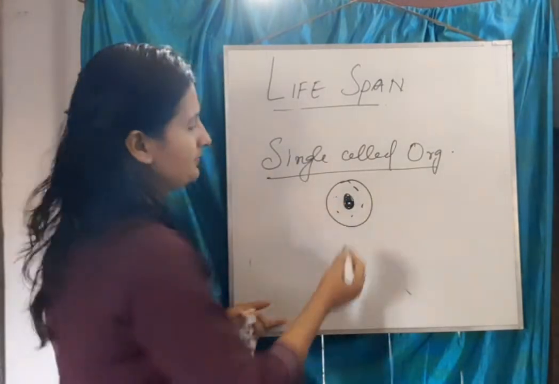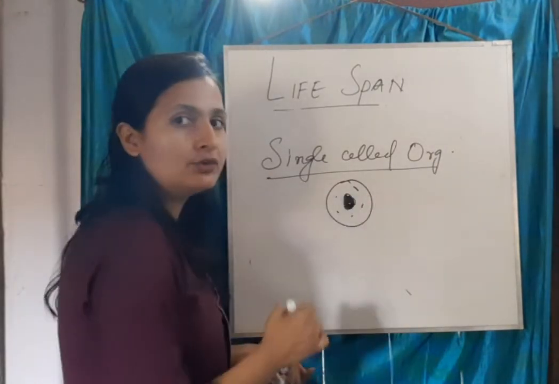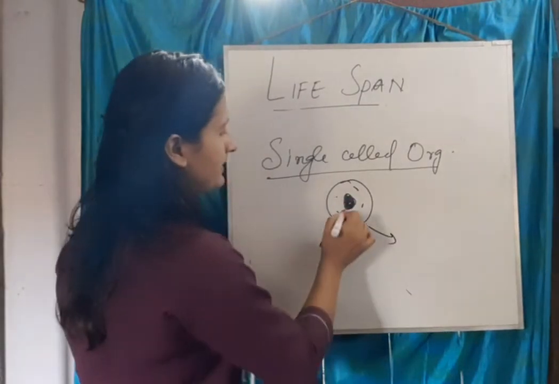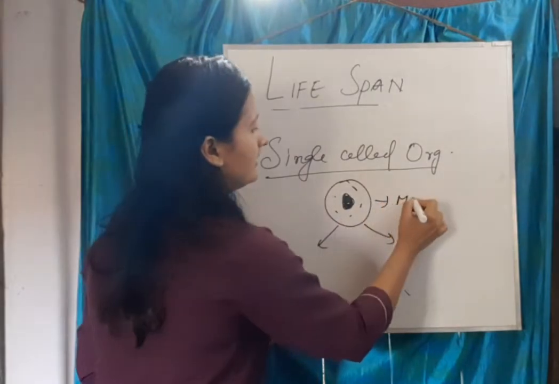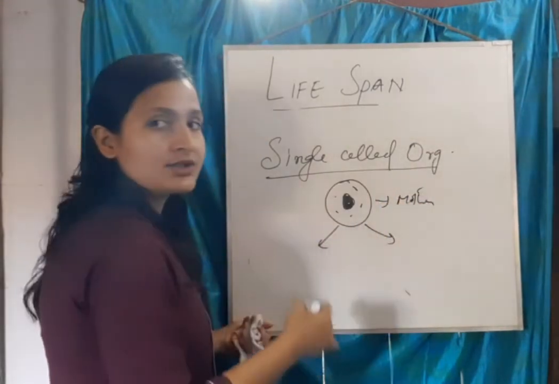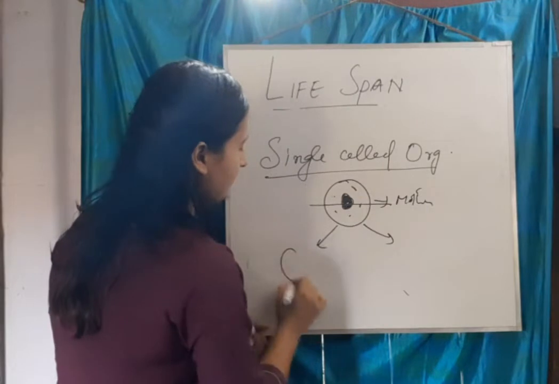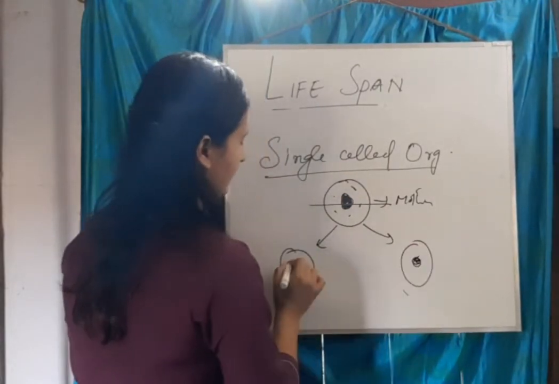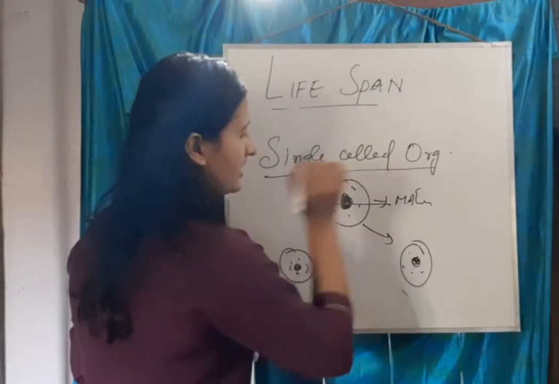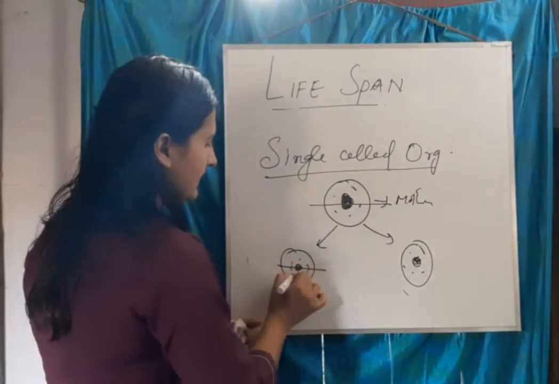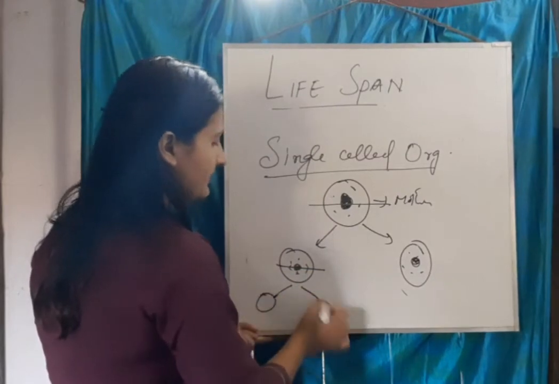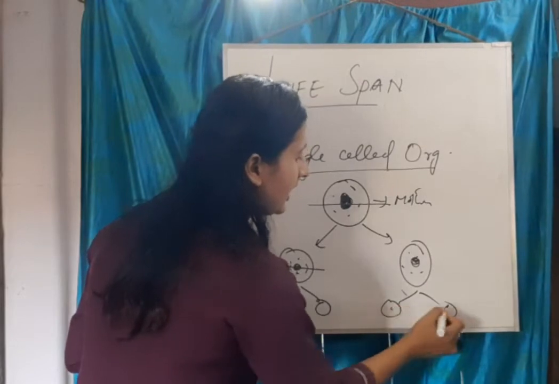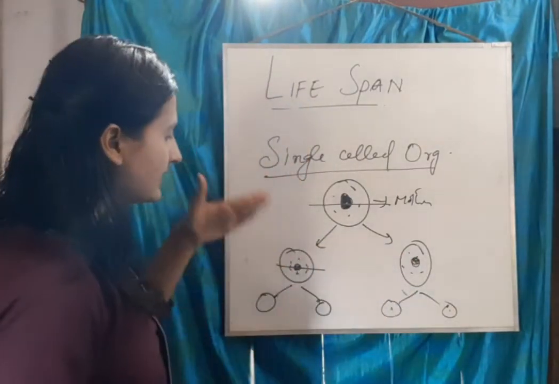We all know the central part of a cell is called the nucleus. Now, this is your mother cell, and it divides and gives rise to two daughter cells. Again this will give rise to another two daughter cells. Again this will give rise to another two daughter cells. So it keeps on growing.